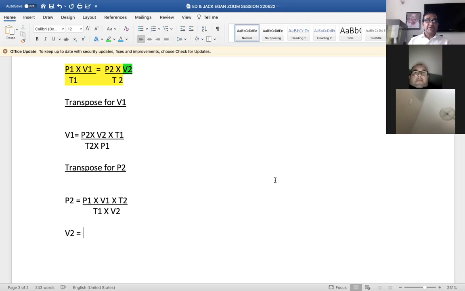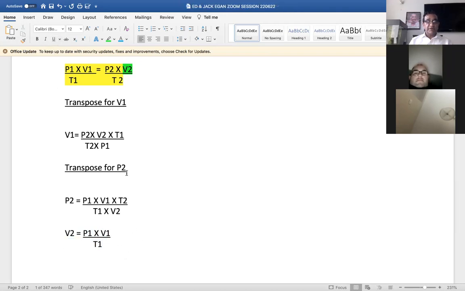Okay, so what we're saying, we've got V2, and this side is going to remain the same. So V2 will equal P1 times V1 over T1.